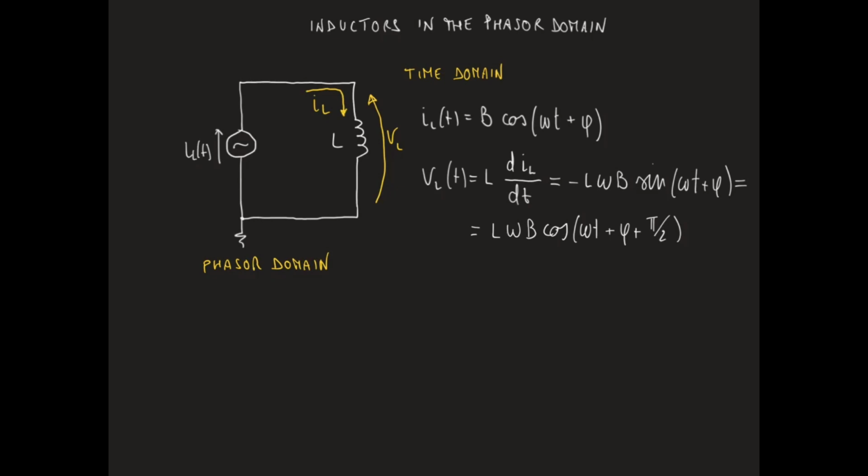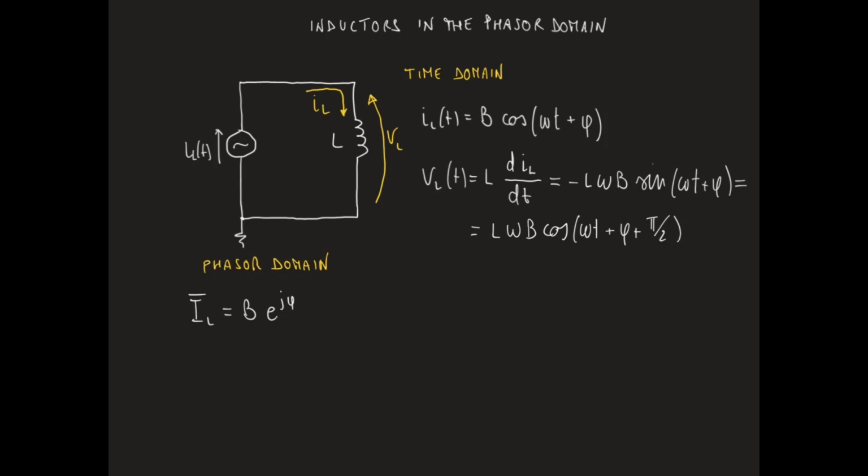In the phasor domain, the sinusoidal signal IL of t is represented by the phasor IL bar, which is equal to the amplitude B times e to the j phi.